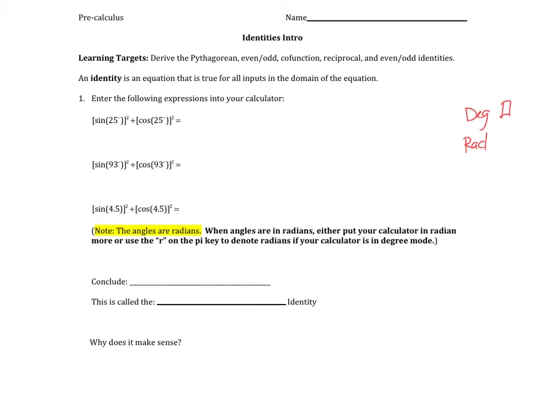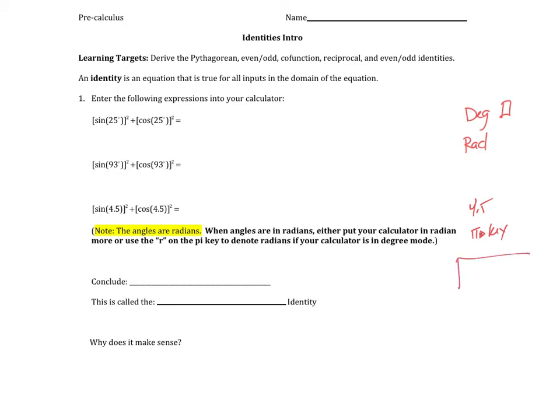So when you enter sine of 4.5 squared plus cosine 4.5 squared, you'll want to be in radian mode. Alternatively, if you're in degree mode, you can leave your calculator in degree mode, but when you enter 4.5, you can then push the pi key. The pi key has a little arrow on it, which means that it opens up a submenu.